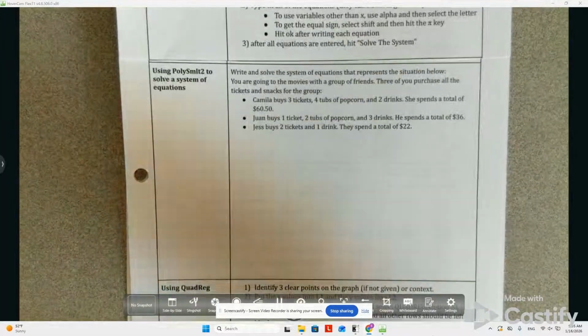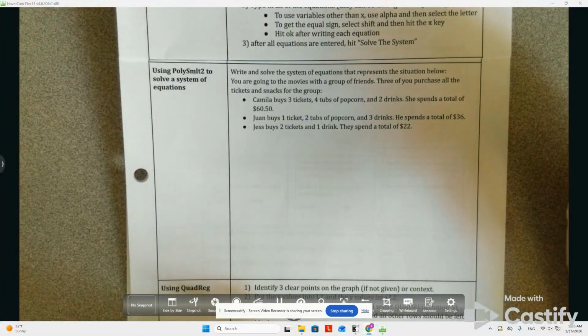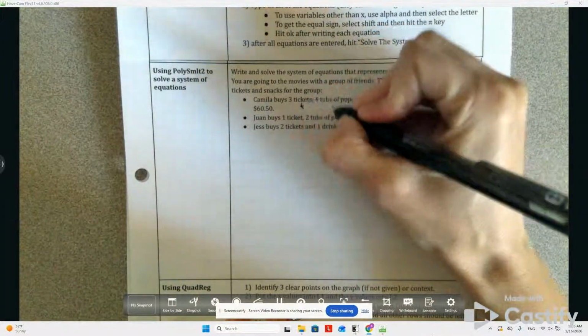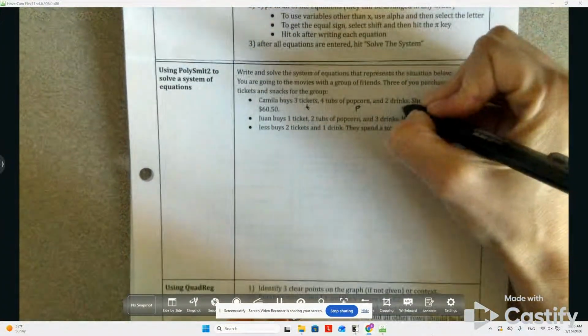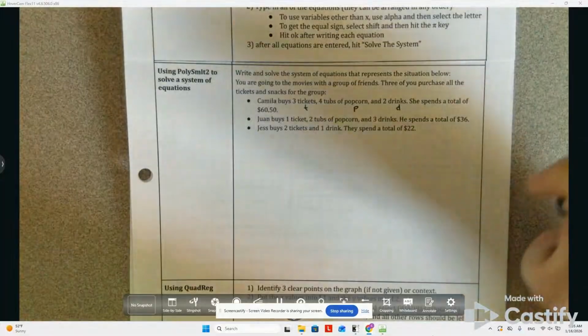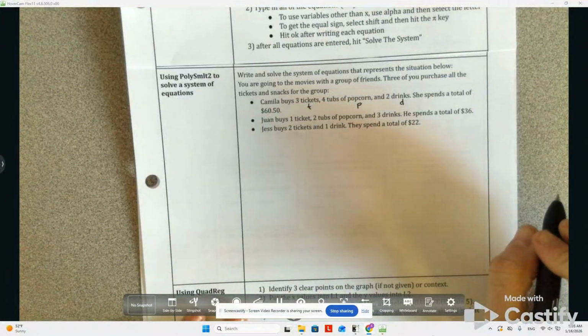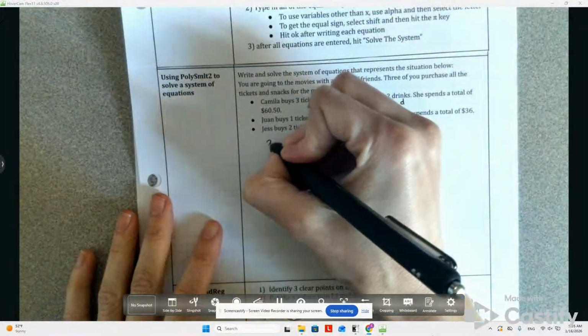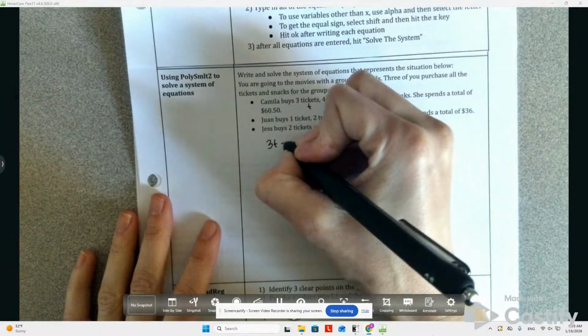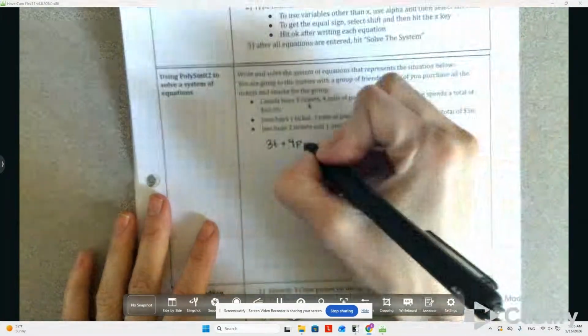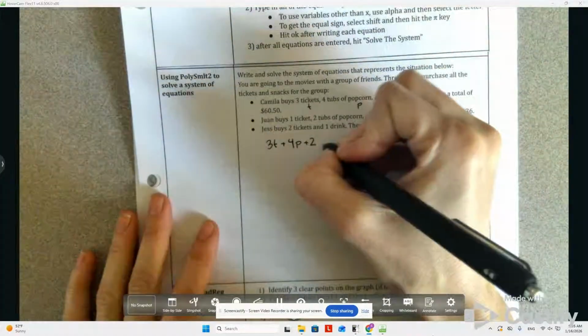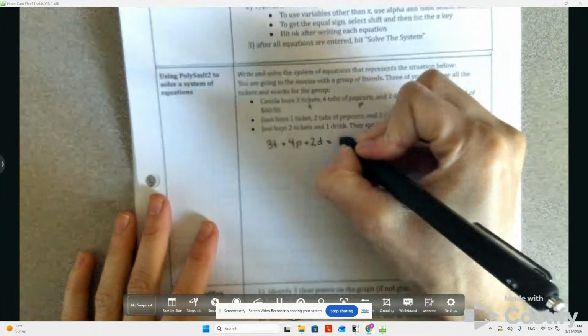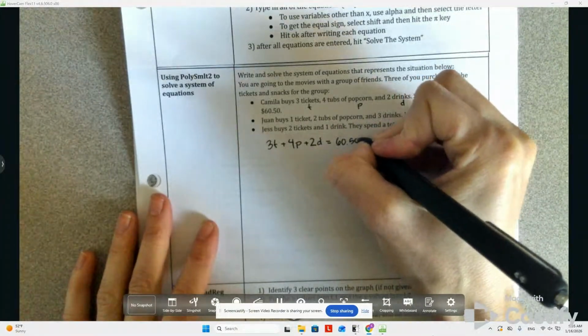Okay, I'm going to use the variables t, p, and d because we've got tickets, popcorn, and drinks here. So this first equation, we'll translate these words into an equation. 3 tickets, so 3t, plus 4 tubs of popcorn, 4p, plus 2d equals $60.50. Movies are so expensive.